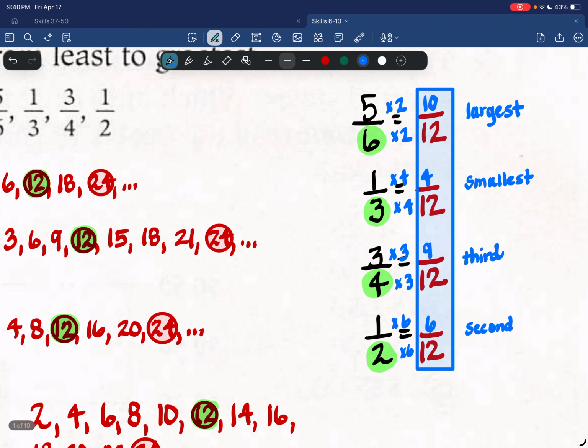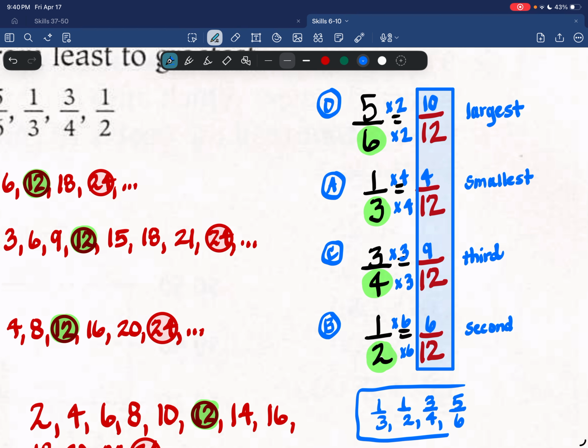So putting them in order, I would have smallest would be 1/3. I'm going to call that A. Then 1/2 would be B. 3/4 would be C. And 5/6 would be D. So here's the order I'm looking for. 1/3, 1/2, 3/4, 5/6.